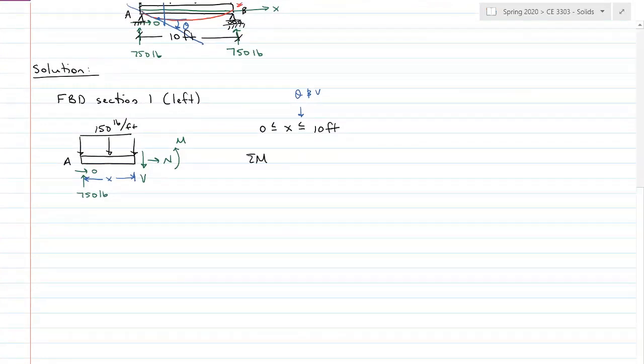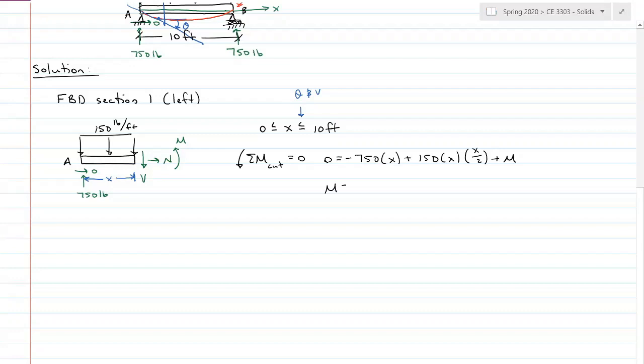Summing moments about my cut is equal to 0. Counterclockwise is added to the equation. 0 is equal to minus 750 acting at a distance x plus my distributed load 150x, and it is acting at a distance of x divided by 2, and then plus my moment.